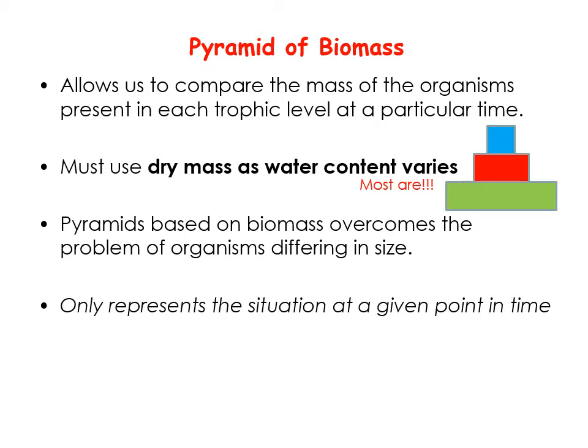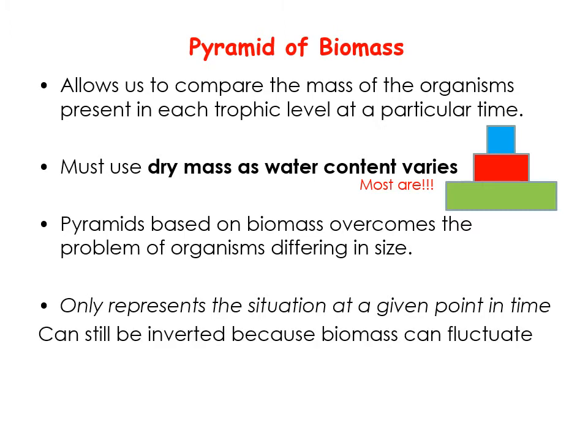So if you've got populations that really fluctuate in number over a time period, then if you just capture a point within that month or that season where the producer numbers are lower than the consumer numbers, then that can give you an inversion in your biomass, because biomass can fluctuate.